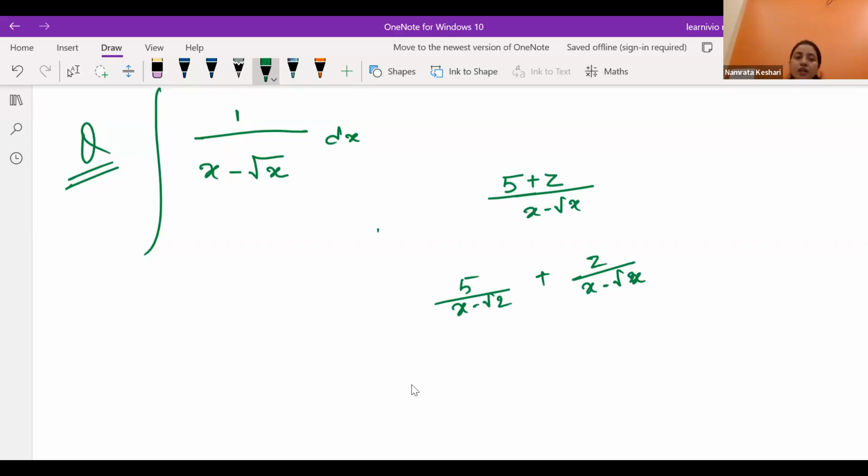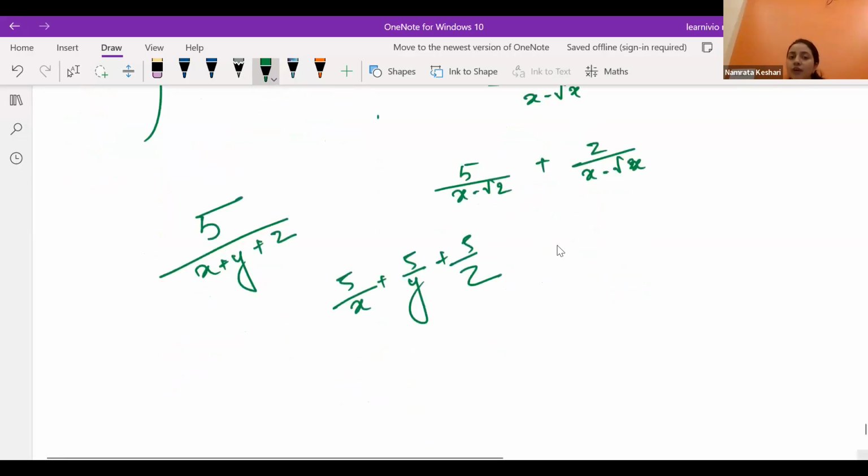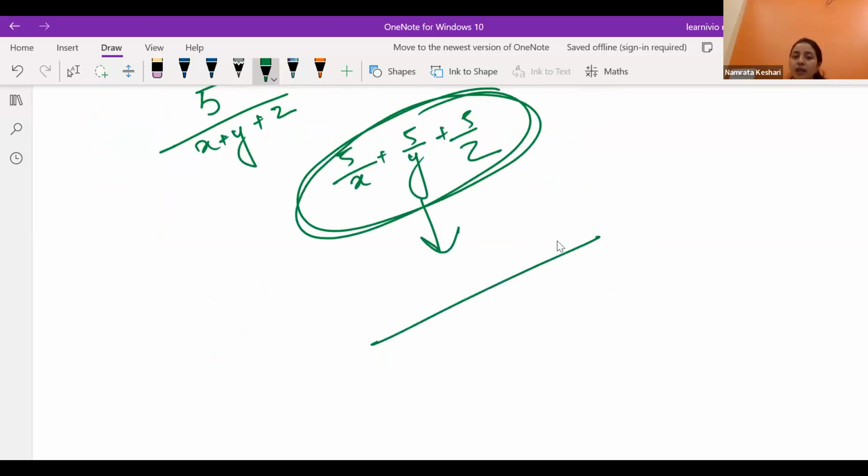But when you are having 5 by x plus y plus z, you cannot say it is 5 by x plus 5 by y plus 5 by z. Think about it. 5 by x plus 5 by y plus 5 by z means what? If we try solving it, our LCM will be xyz, right?